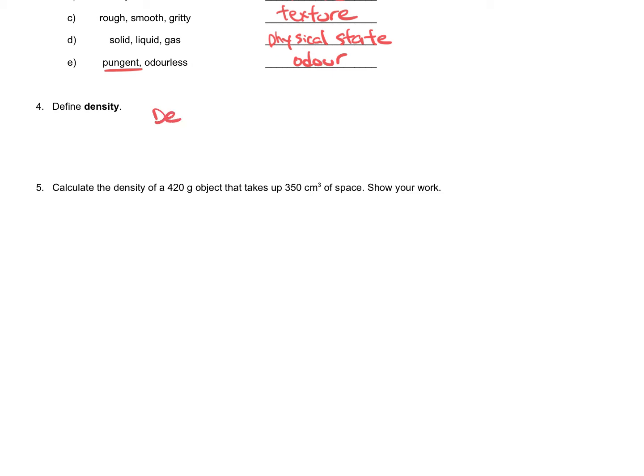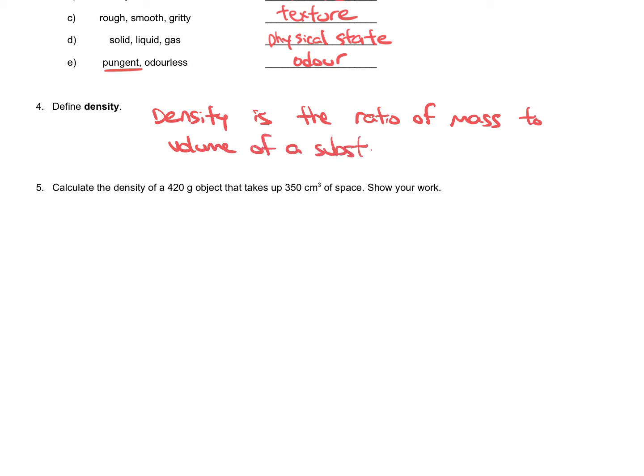It's the ratio of mass to volume of a substance. Okay, and the formula for it is D equals M divided by V.